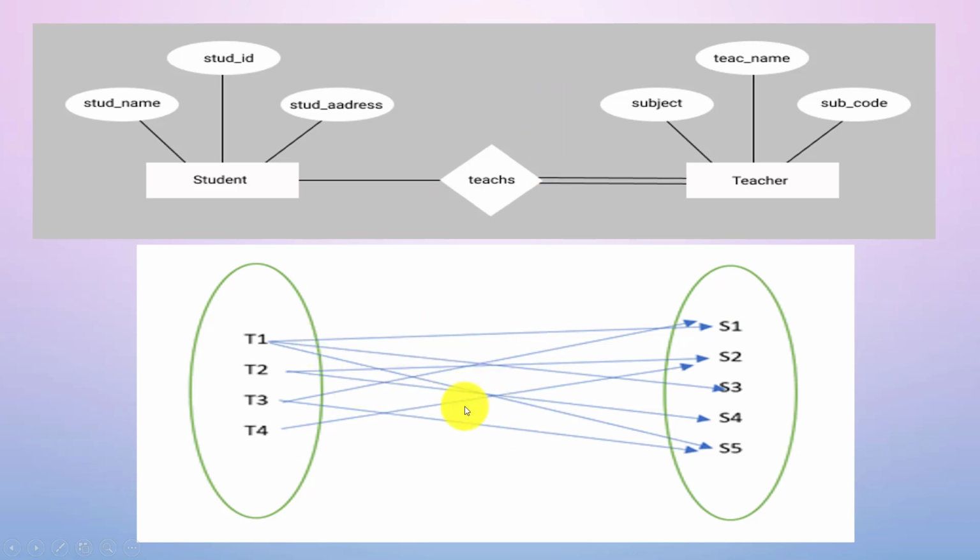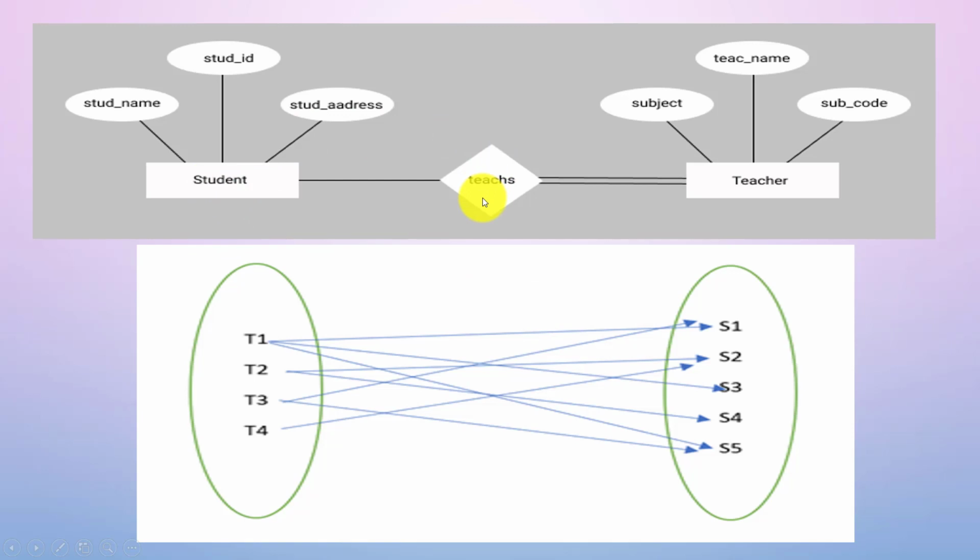These are the individual edges called relationships of each entity, that is from teacher to students, and all this data we are going to represent in a structured form.